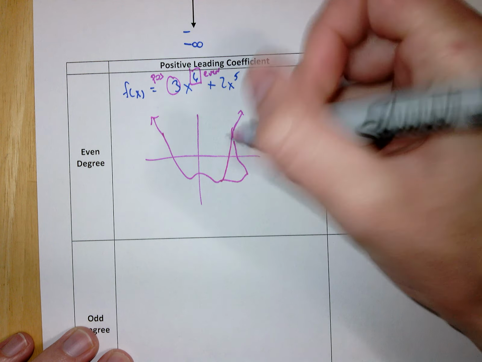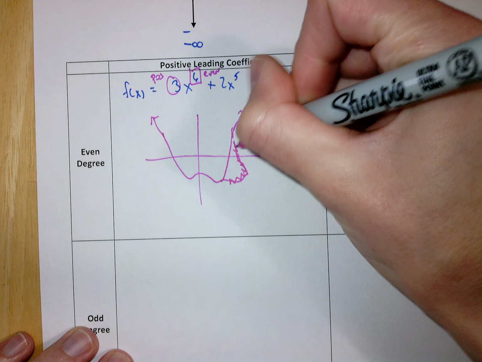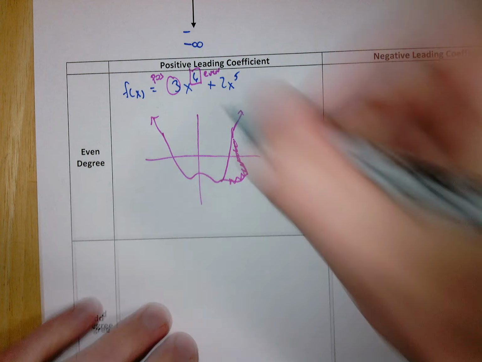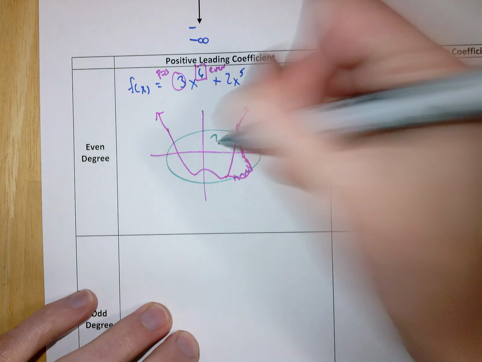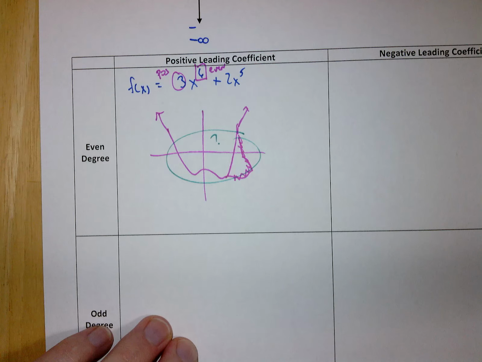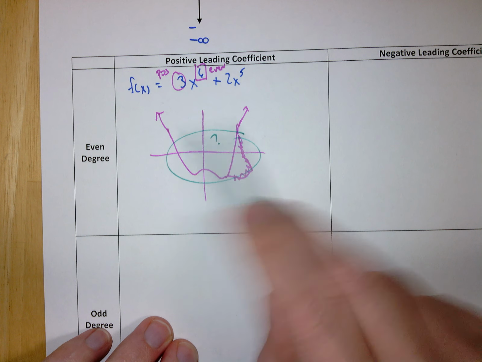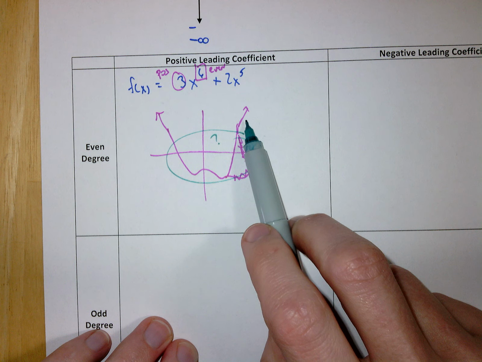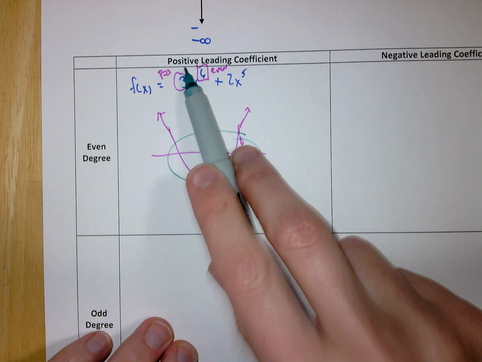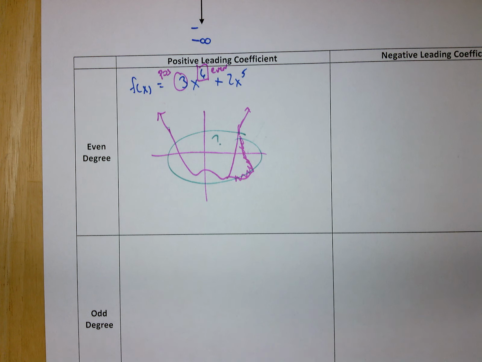Something like that. So it might look something like that, right? I don't know what is going on in this bit. This bit right here is a complete mystery. I can't predict that based on this equation, but I can predict what the ends are going to look like. Just like a regular parabola, they're going to go in this direction and they're going up because it's positive at the front. All right, great.